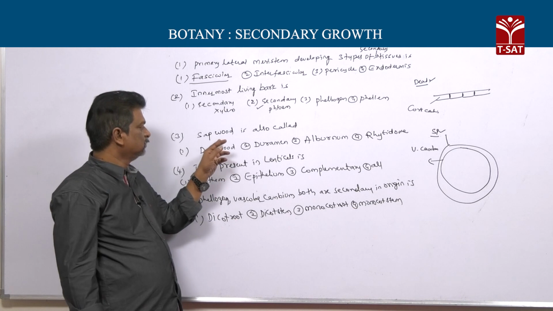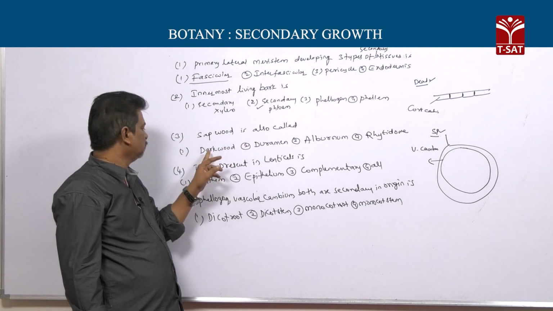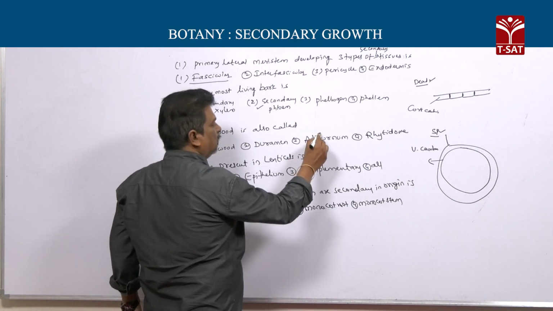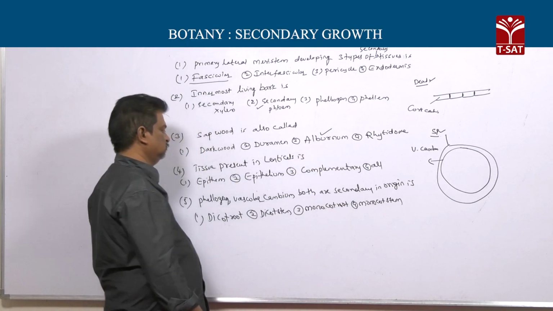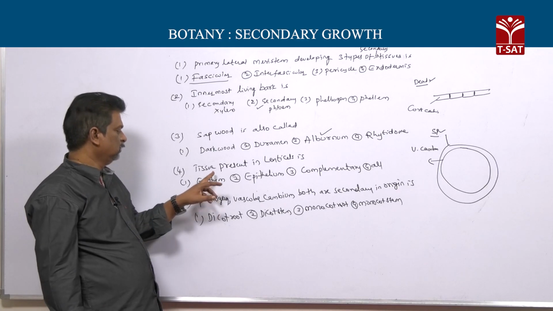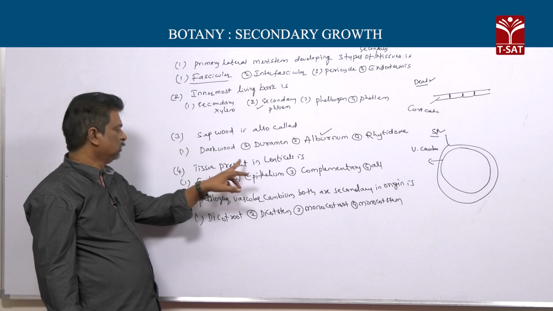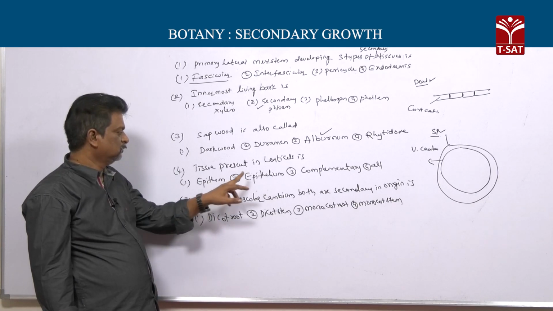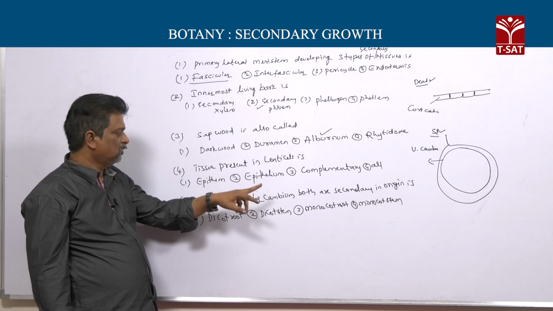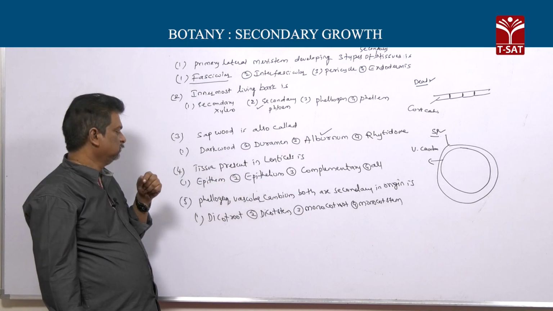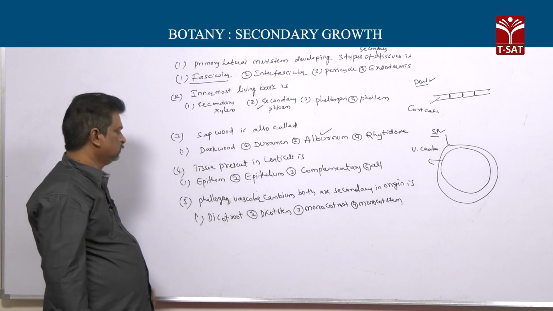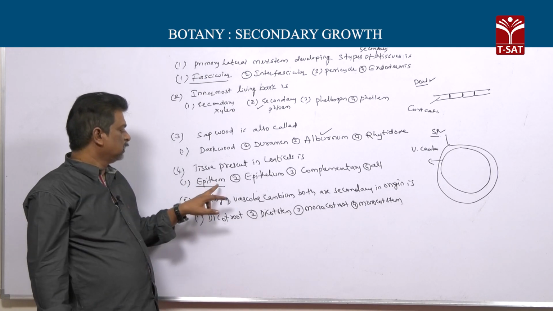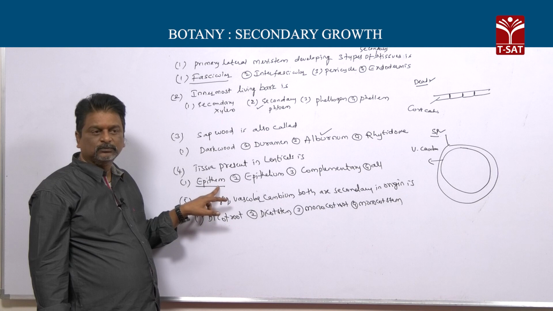The next question, sapwood is also called. So another name for sapwood is alburnum. Then, tissue present in lenticels is epithem, epithelium, complementary cells, and all. Here, epithem means colorless parenchyma.